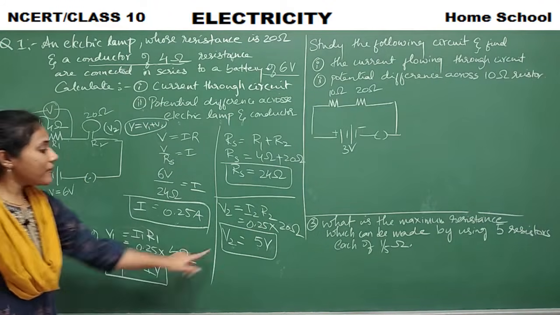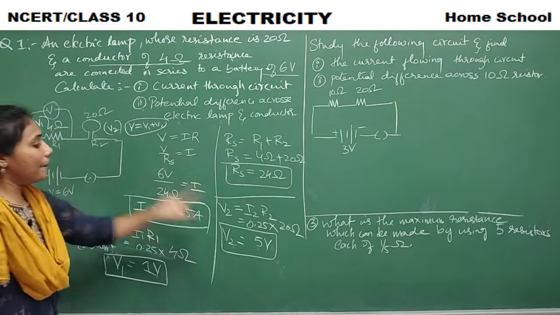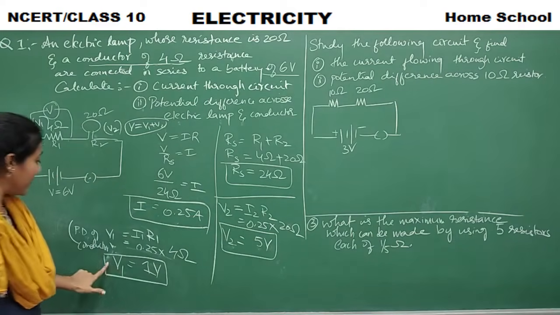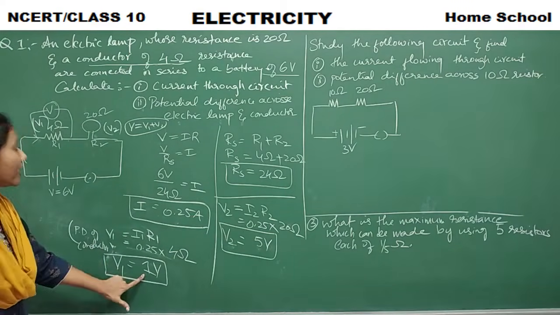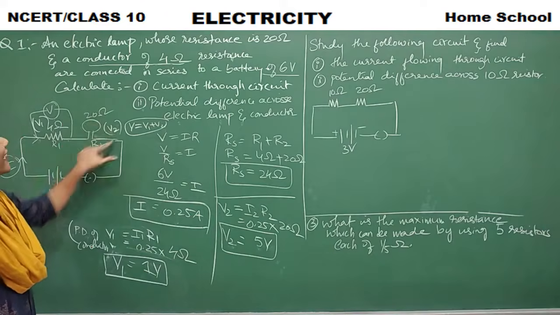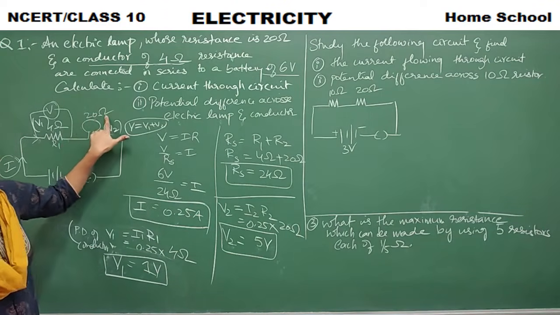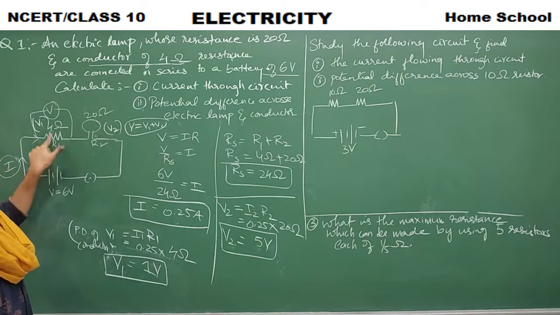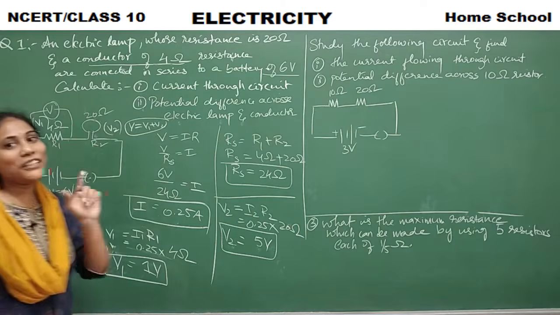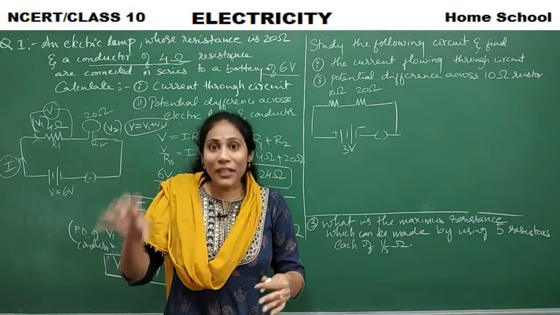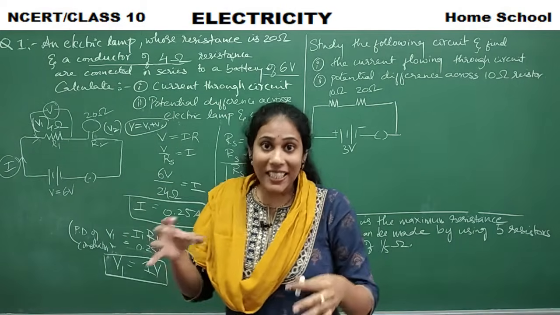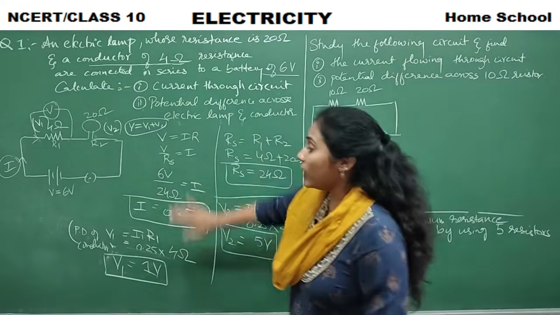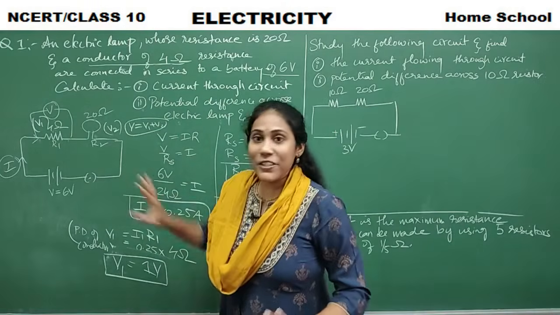And also, you see, the potential difference across the lamp is higher. The potential difference across the conductor is lower, because the lamp's resistance is 20 ohms and the conductor's resistance is 4 ohms. What I told you, what is the concept? The more the resistance in a resistor, the more voltage would be taken from the main source, right?